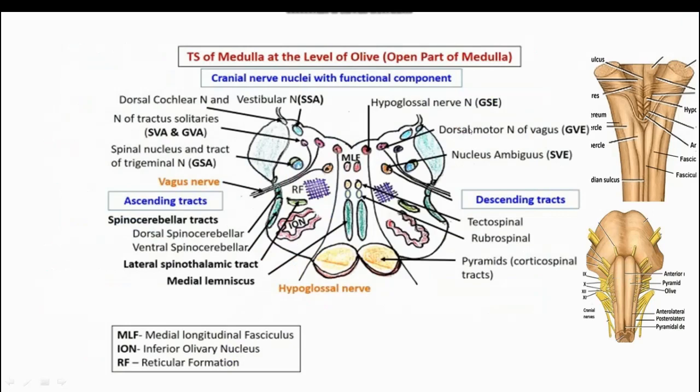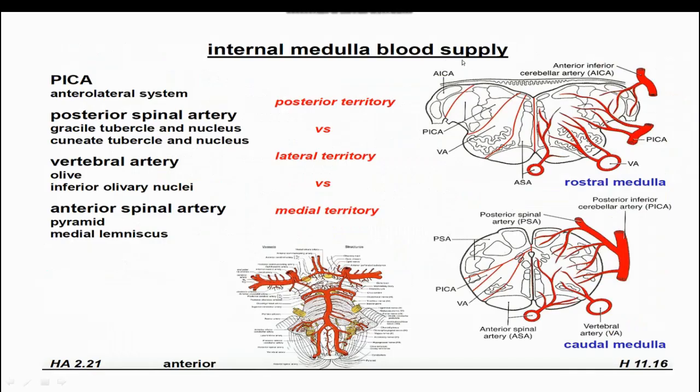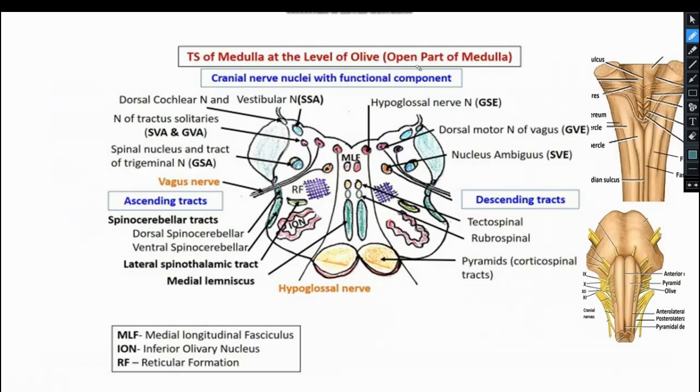This is a transverse section of the medulla at the level of olive in the open part of the medulla. Clear? In the open part of the medulla. So this section, what we see here, is prepared at this level. So this, already you know, is stria medullaris.